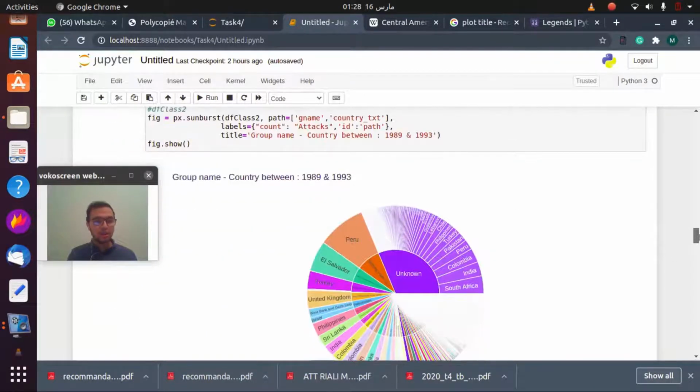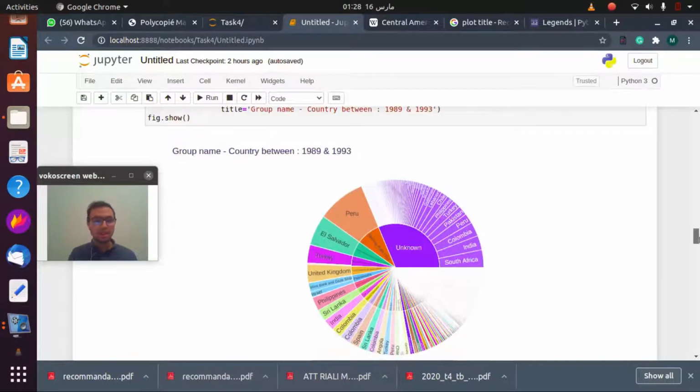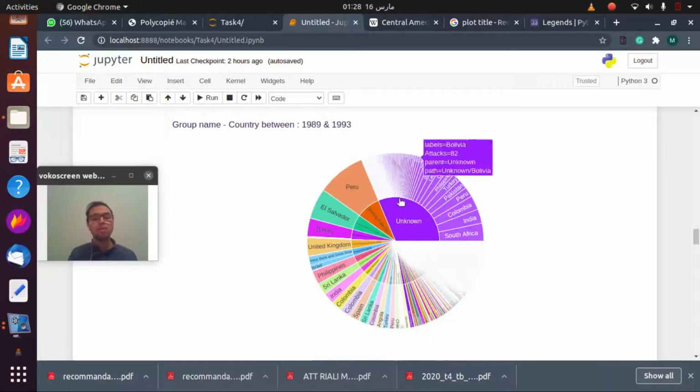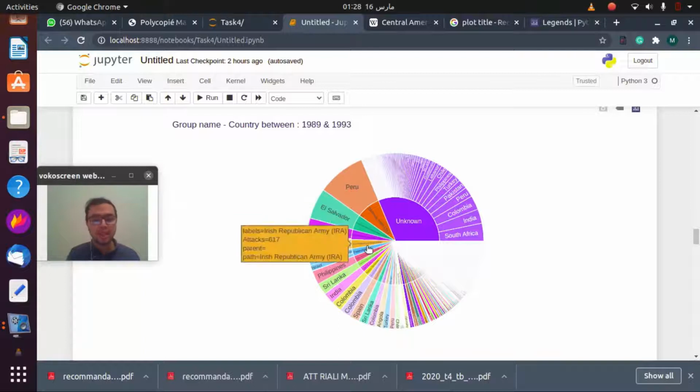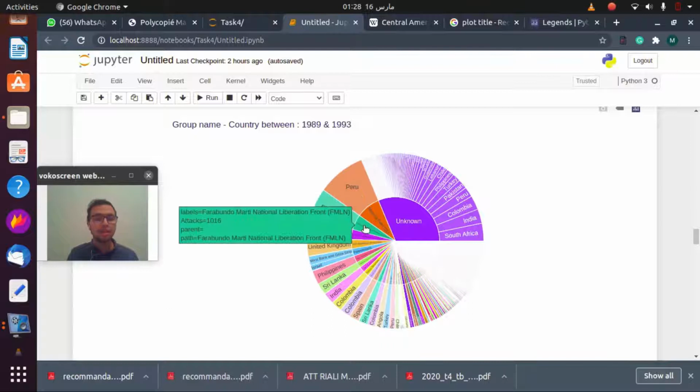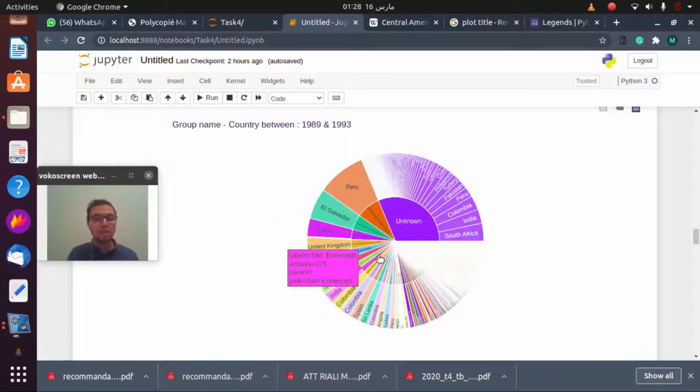So here we have the second class, and almost like the first one, the majority of groups have tendencies toward liberation movements and resistance movements. Like here we have the Irish Republican Army, Shining Path in Peru, the Farabundo Marti National Liberation Front, and here the Tamil Tigers in Sri Lanka, etc.